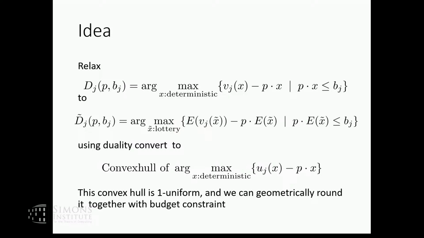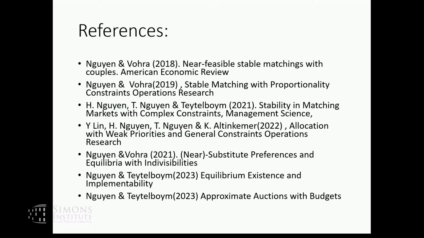Because of this, I have a very nice structural characterization of that polytope. I can use geometric routing with respect to an additional budget constraint to get that. Again, I'm not going to go into much detail of the proof, but hopefully you get roughly the idea that relax and route is such a versatile framework that you can apply to a lot of settings.